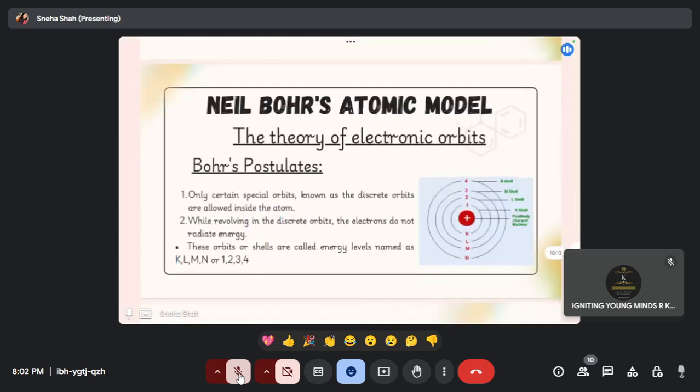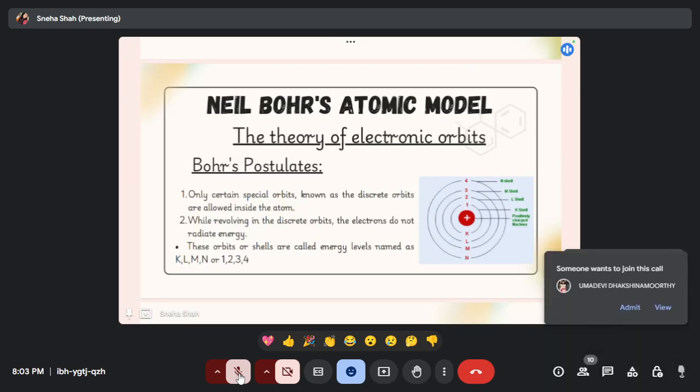So the theory of electronic orbits was given by Niels Bohr, and he gave postulates. I hope you know what postulates are. Postulates are certain statements which are to be accepted without proof. He obviously gave his experiments also, he gave his conclusions, he gave how he came to these things, but we understand them as Niels Bohr's postulates.